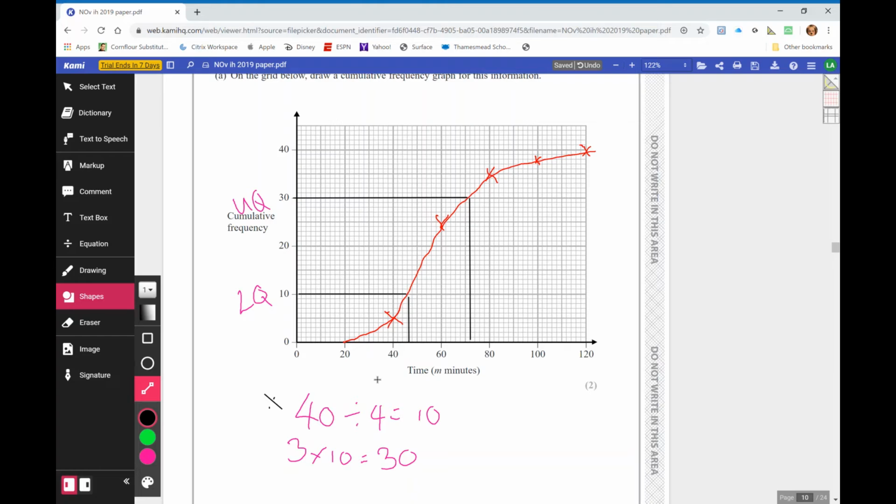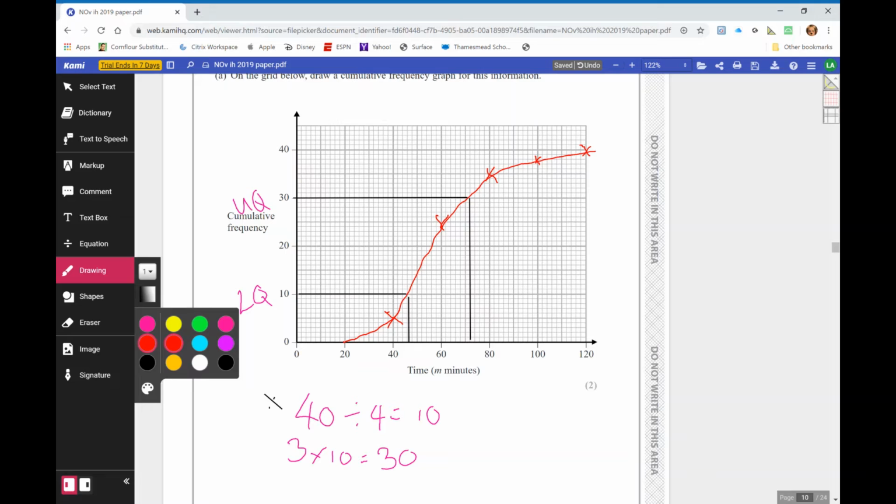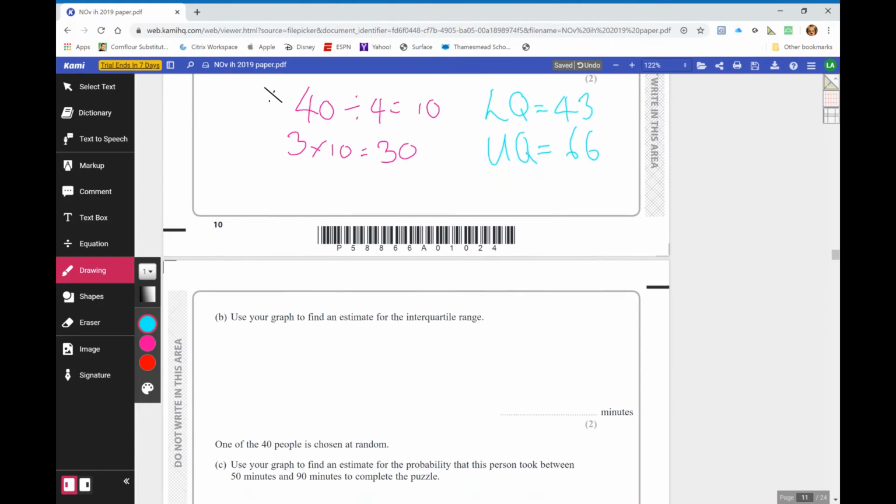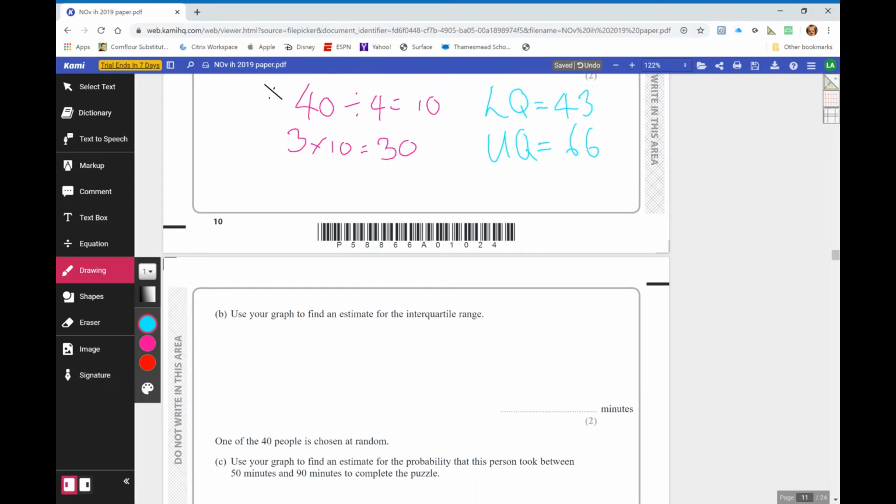So your lower quartile equals 43. They will give you a little bit of leeway on the amounts. About 66. Okay, so if that's your lower quartile and upper quartile, then the interquartile range is the upper quartile minus the lower quartile.